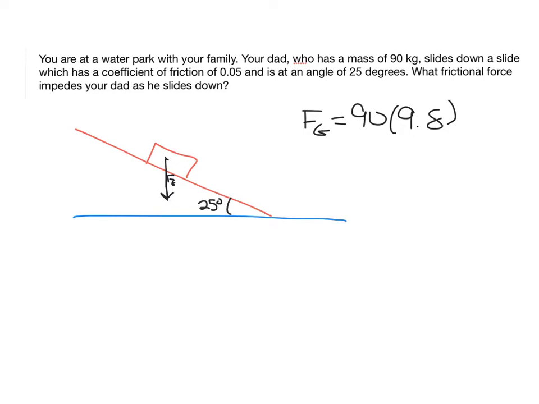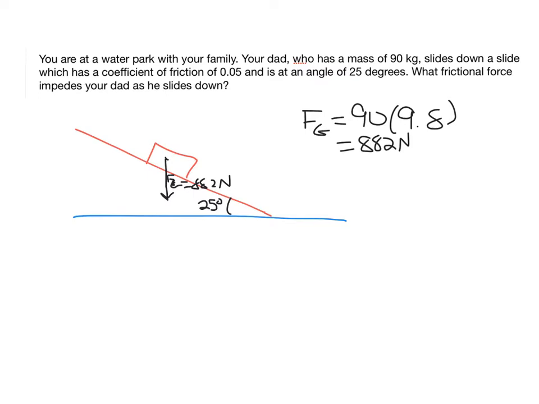And you can write that as 90 times 10, that's fine too. We end up getting that the force due to gravity is 882 newtons. This is supposed to be a G, by the way. So that's our first force that we know.